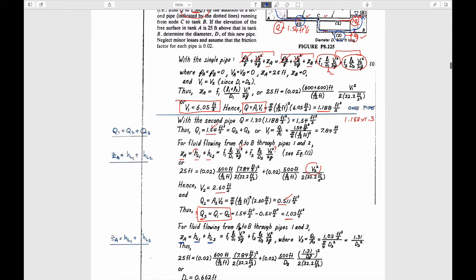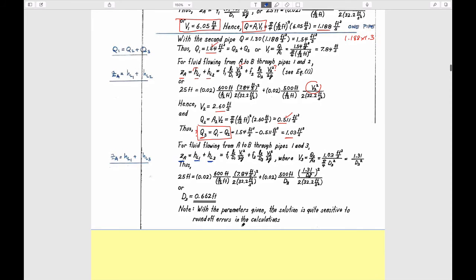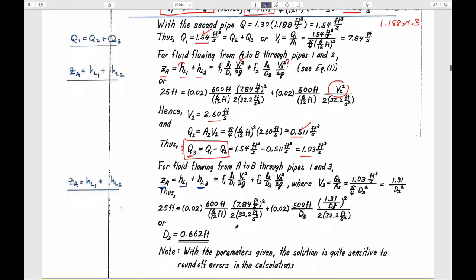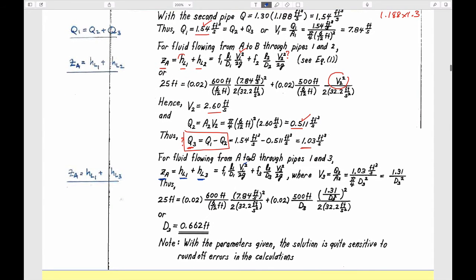We can write those in terms of the friction factors. This is the velocity in pipe 1, this is the velocity in pipe 3, and so we know each of these velocities. The velocity in pipe 1 we've calculated, the velocity in pipe 3 we've calculated. We know it has to equal this head drop, which we know.